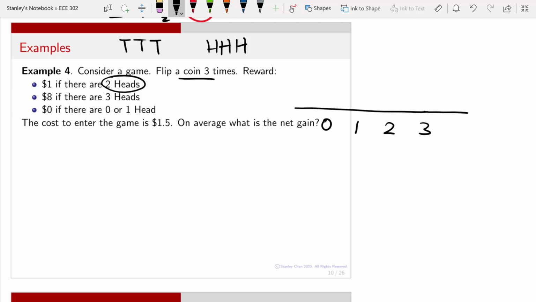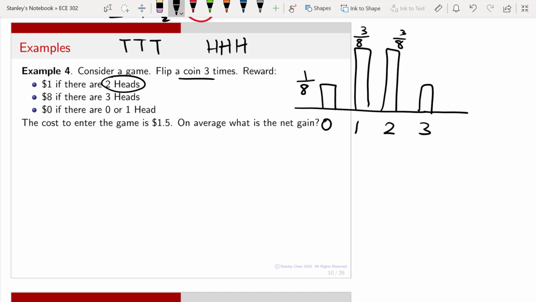Well, to get 1, you need to have a head, tail, tail, or shuffle the order. So effectively, you will get a probability mass function of this shape. Here you have 1/8, here you have 3/8, 3/8, and then 1/8. This is the probability mass function of X.